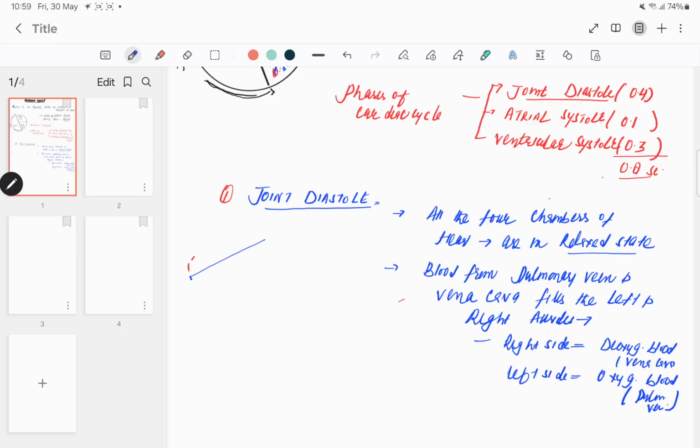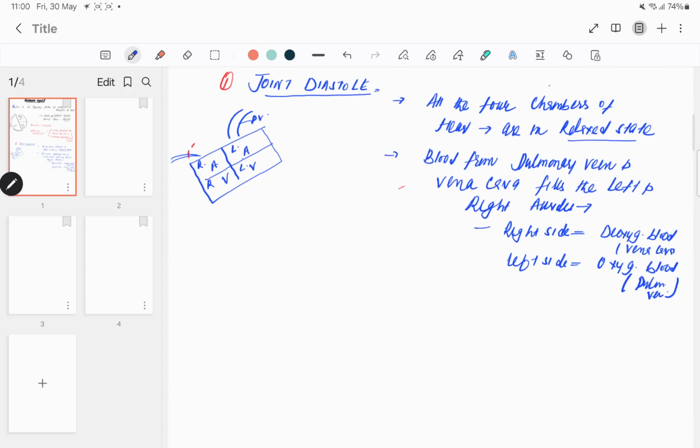Here we can say this is the heart, these are the four chambers: right auricle, left auricle, right ventricle, left ventricle. The pulmonary vein brings oxygenated blood to the left auricle, and the superior vena cava brings deoxygenated blood to the right auricle.